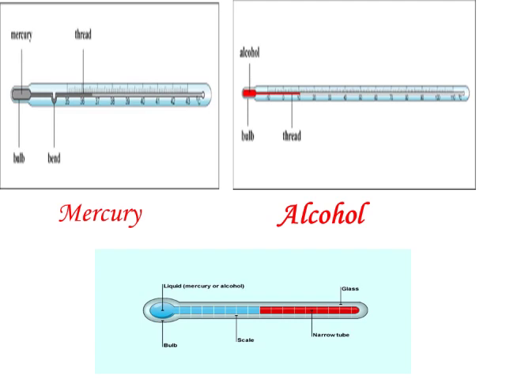It does not stick to the glass in which it is enclosed. The mercury in the bulb becomes hot and rises into the capillary tube when the temperature around the bulb increases. Similarly, the mercury level falls as the temperature around the bulb decreases.